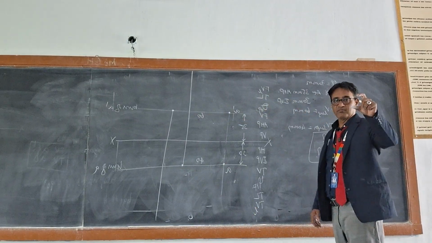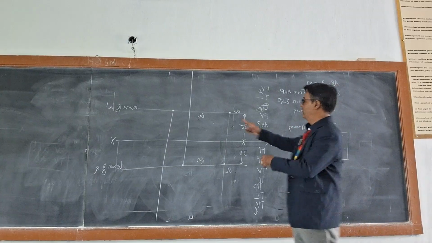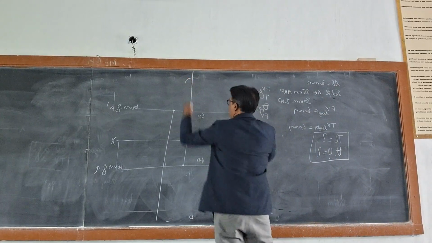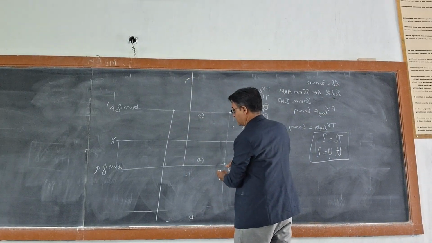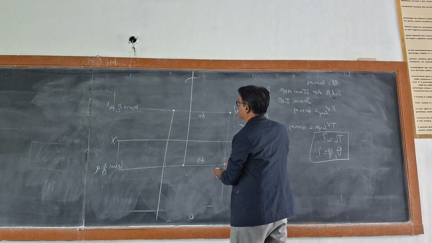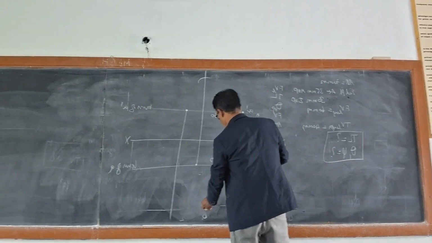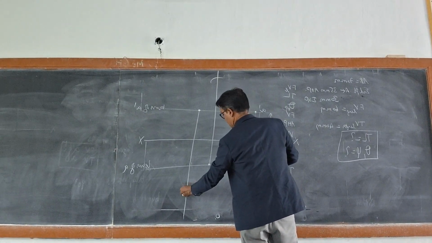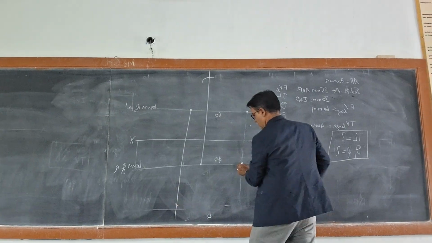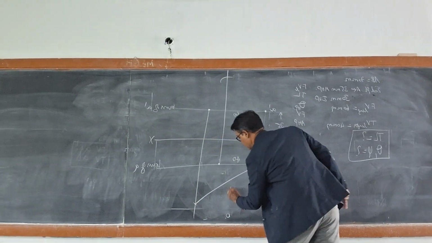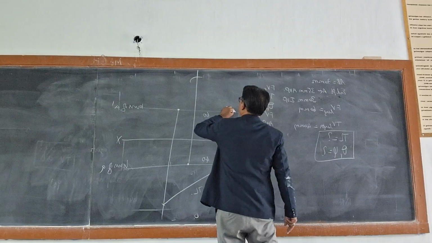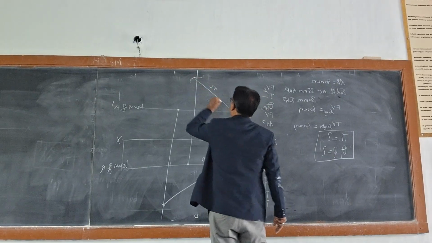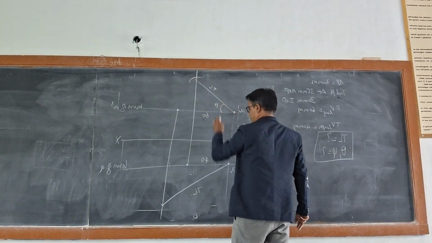It is 70. Take a compass, measure that 70 mm. From A dash as center, cut an arc. And from A as center, cut an arc. Now draw this. This is the true length. And draw this. This is the true length. You have the theta.